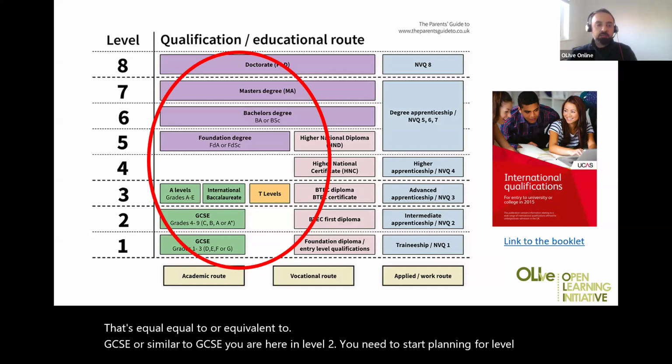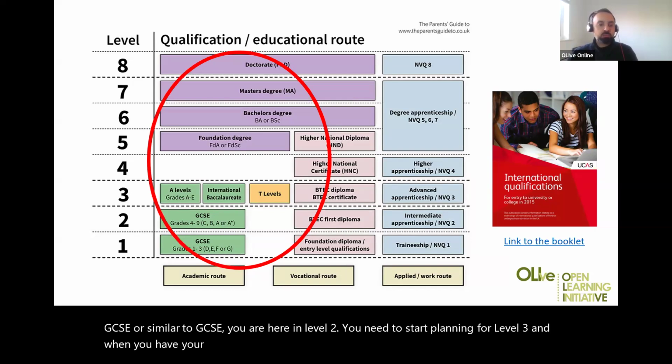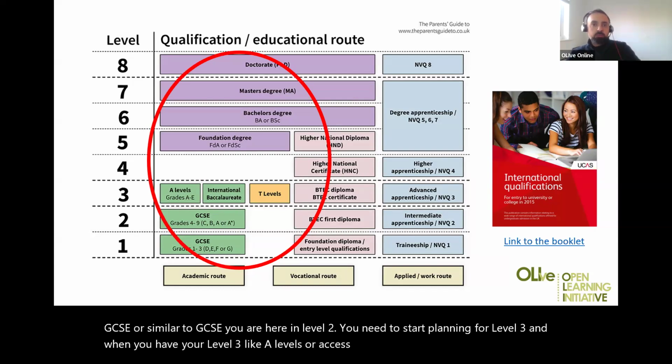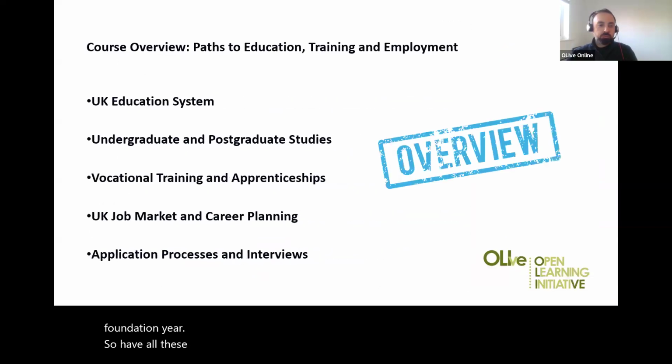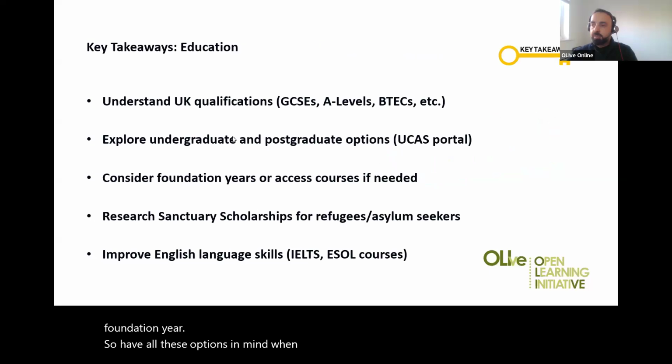And when you have your level 3, like A levels or an access course, then you can apply for university, which is level 4 and above. And sometimes you can apply for university courses with a foundation year. So have all these options in mind when you think about your higher education options.